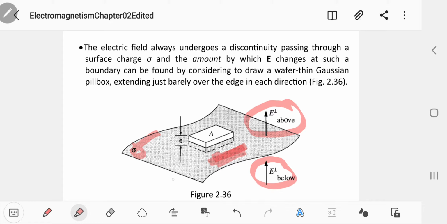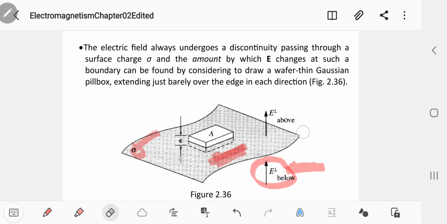And when it has a charge distribution sigma, the electric field down here comes out above, but it's not anymore the same value as it was when it was still below the charge distribution. So how do we get the difference between this electric field below and electric field above?